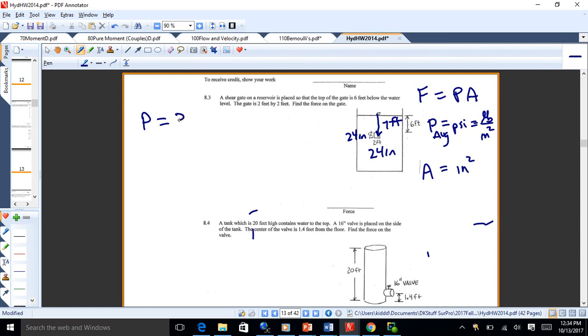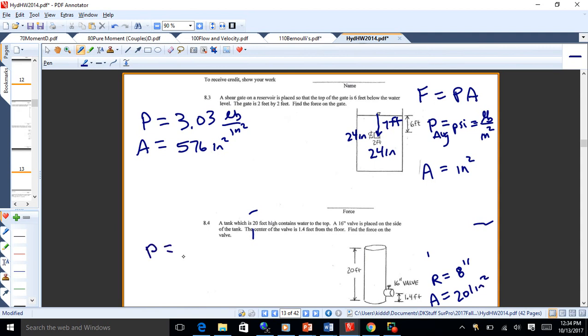And then you just want to go ahead and find the pressure. It's 3.03. And then you want to find the area, which is 576. Now this 20-foot high tank has a 16-inch valve, which means it has a radius of 8 inches, which means the area is 201 inches squared.